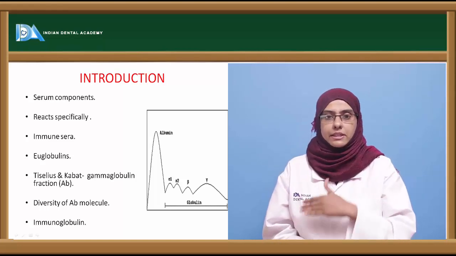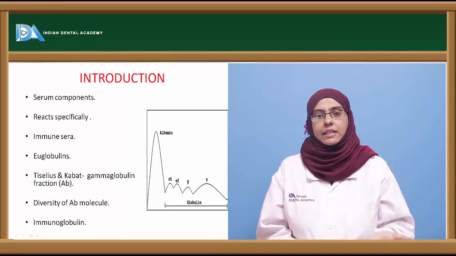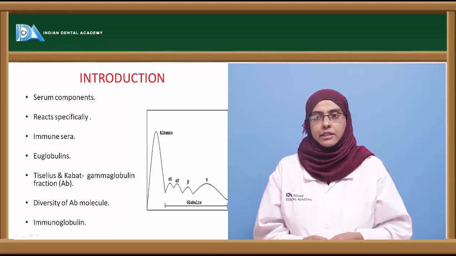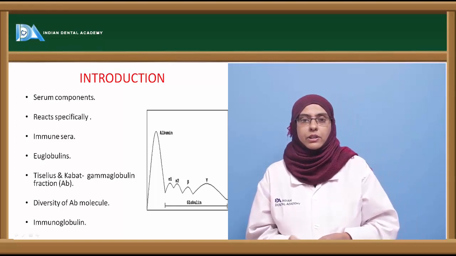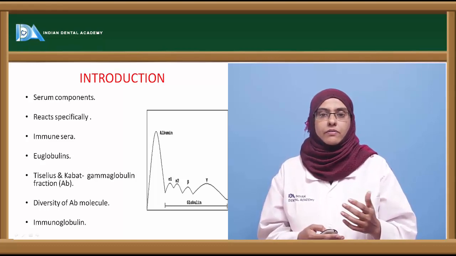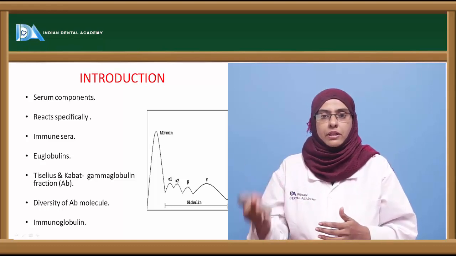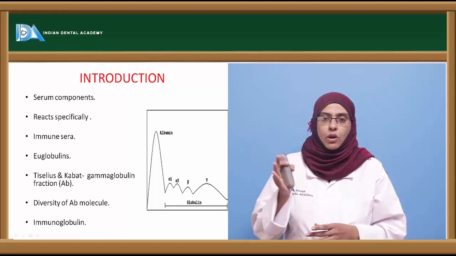So antibody resides in the serum in the gamma globulin portion, which reacts with the antigen whenever there is an interaction of antigen in the human body. Now there are different types of antibody molecules with different functions. In order to overcome the problem of giving them names depending upon their functions, finally a name was given, which is immunoglobulins.